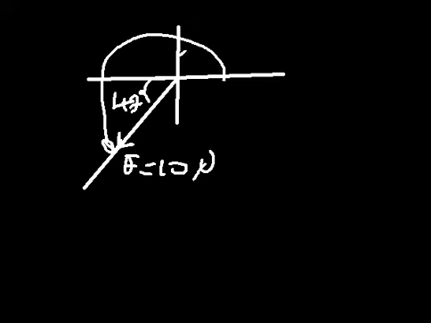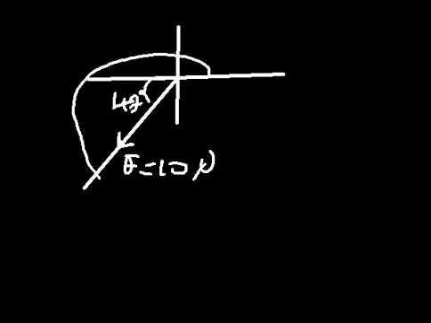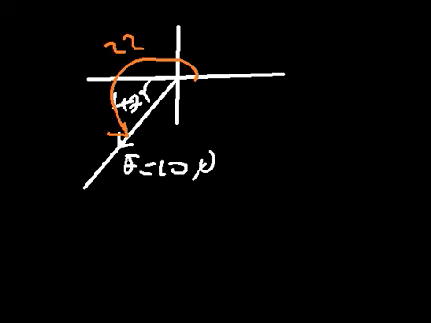It means this is 180 plus 47, which is 227. So the whole of this angle is given as 227. This is the angle that we have to use in the resolution case.